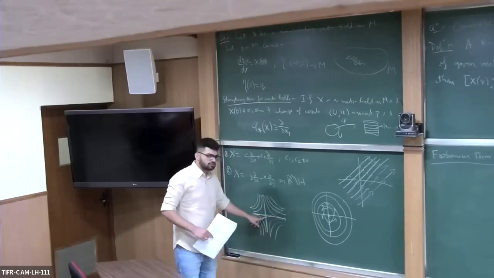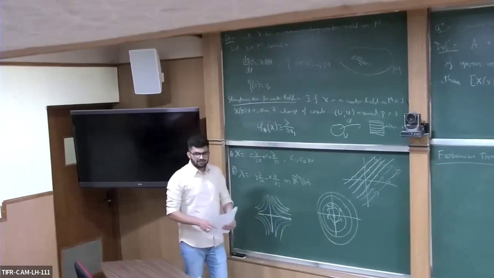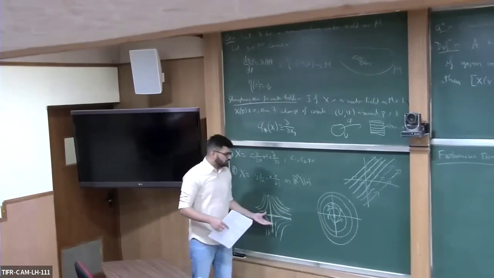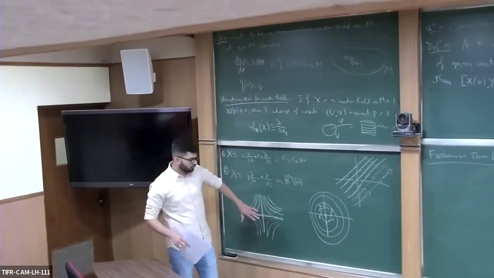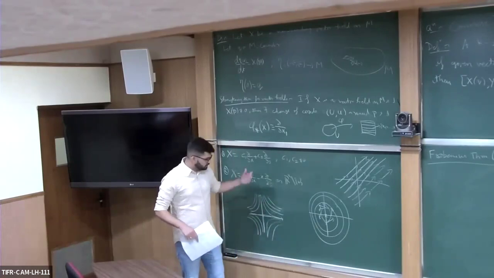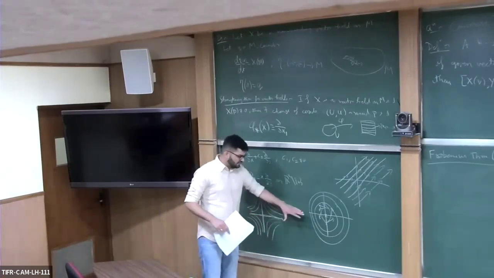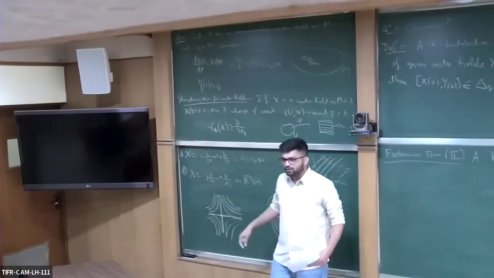These are not closed because they are closed in R2 minus 0, but they are not closed in R2. So these are the motivation, the kind of pictures of singular foliations, which we are not yet going into. I'll come to singular foliations when I discuss holomorphic foliation, but these are like the pictures of singular foliation. These are the singular points.